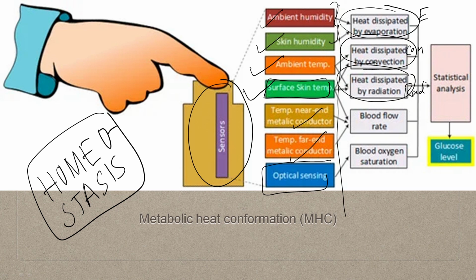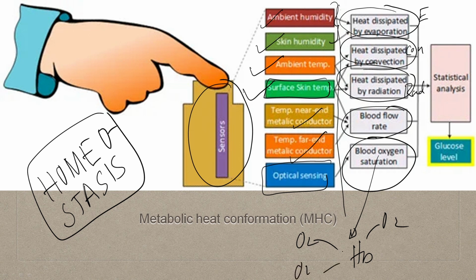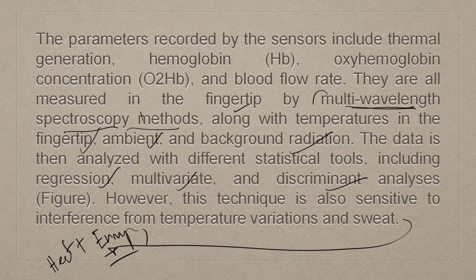Next comes the blood flow rate and then the blood oxygen saturation, that is essentially how many molecules of hemoglobin are carrying oxygen. With this, you have to use a series of mathematical tools. Now comes the role of mathematics in modern day sensing, where you have to use regression analysis, multivariate analysis and discriminant analysis.